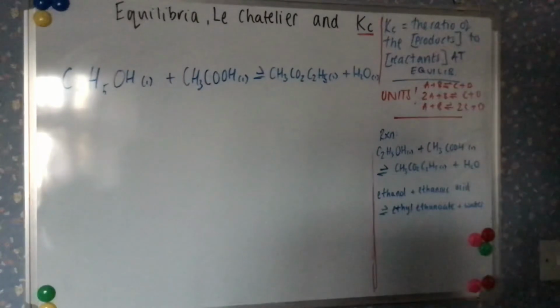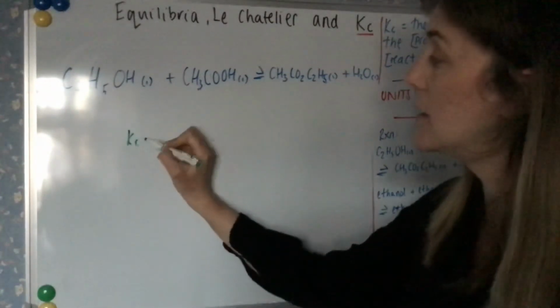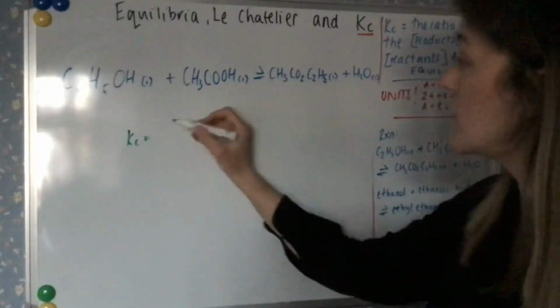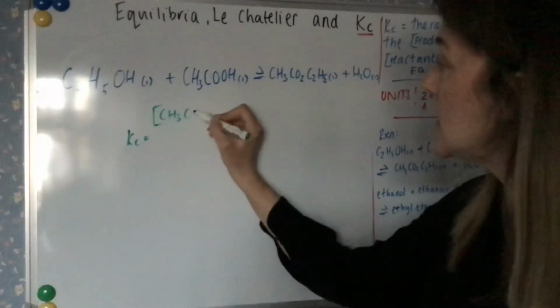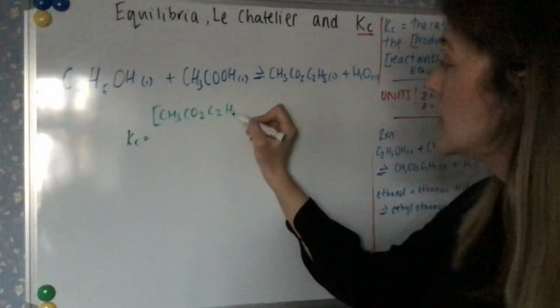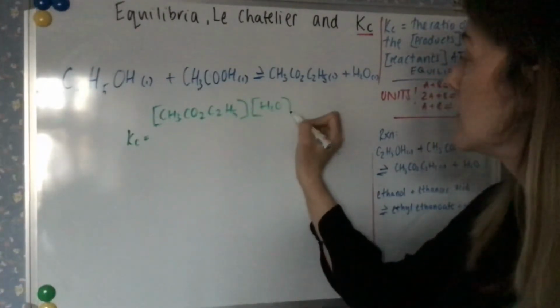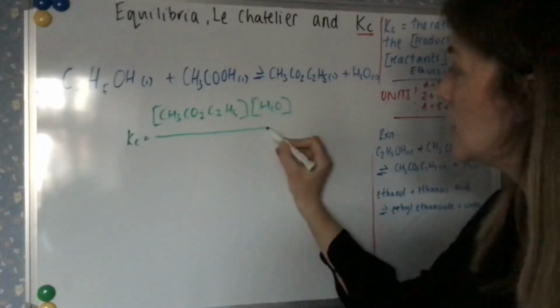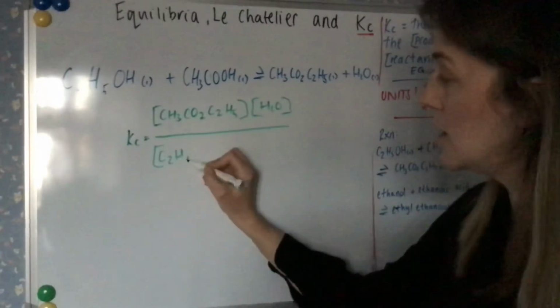So question 1, construct the Kc, the equilibrium expression for this reaction. So you just do exactly as we've done. Kc is equal to concentration of ethyl ethanoate, CH3CO2C2H5, and don't forget the water, all over ethanol, C2H5OH.